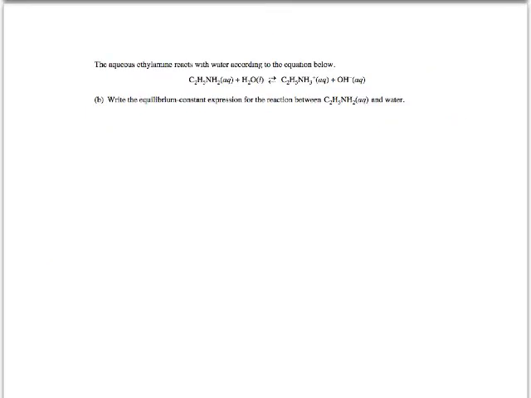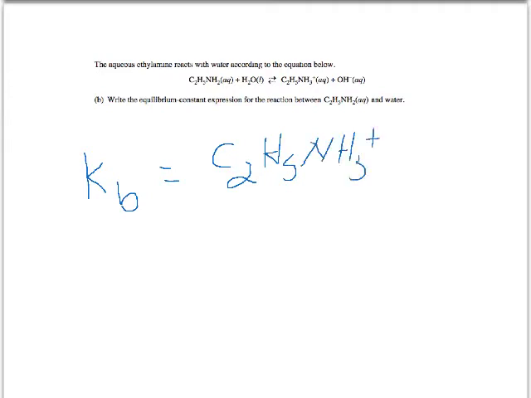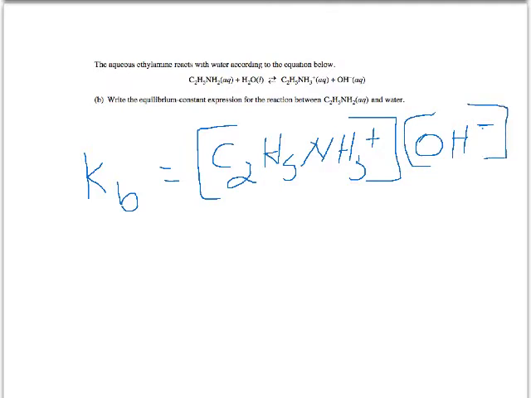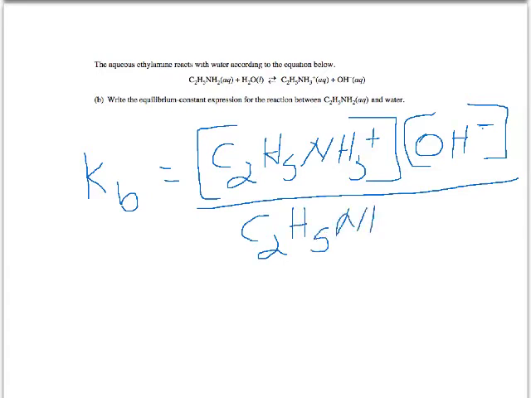So the next part of the question asks you just to write the equilibrium expression. Because it's a base, we want to use Kb, and Kb is going to be equal to the concentration of the products, C2H5NH3 plus and OH minus, over C2H5NH2.